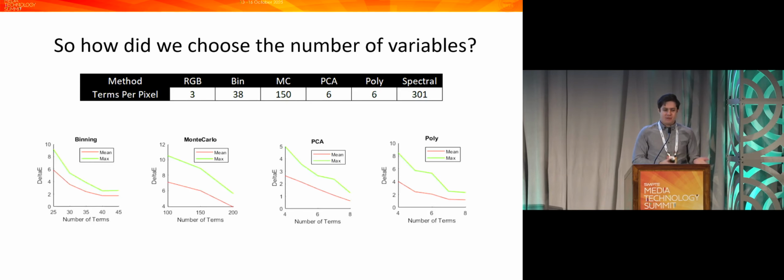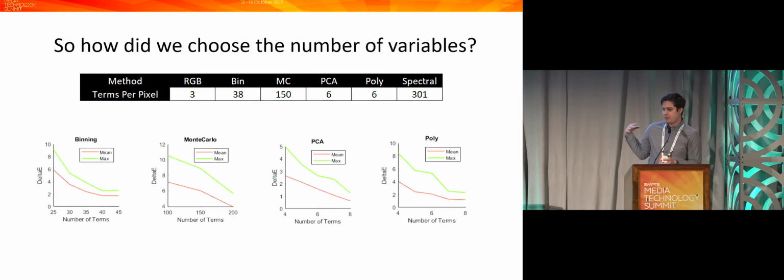Speaking of coefficients, how do we choose how many coefficients? So obviously for RGB, we're going to use 3 coefficients. For spectral, we went down to 300 nanometers or 301 wavelengths because our devices and our lights are mainly in that area. And for the rest of the methods, we tried to optimize it so that we can reduce delta E enough and still not go overboard and use too many terms.